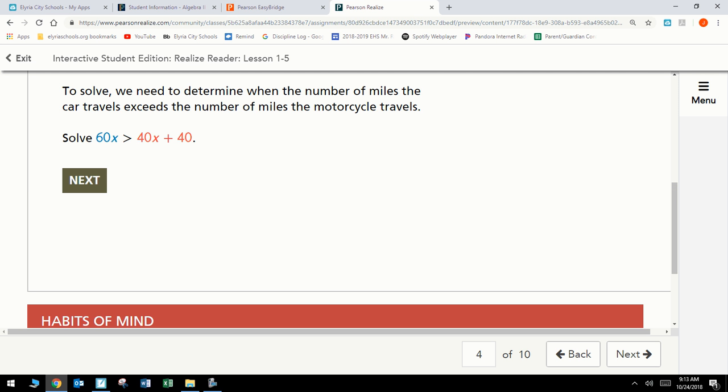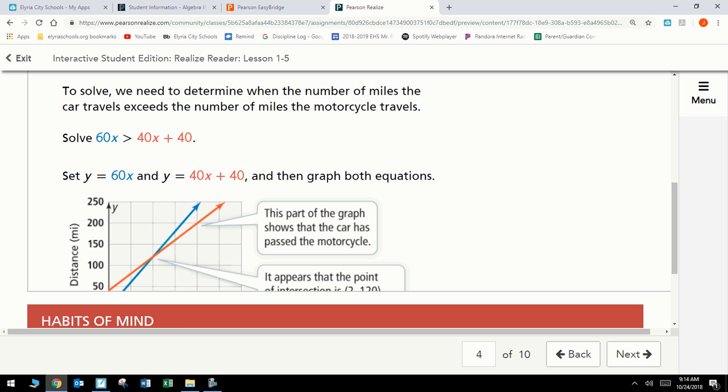The car is traveling 60 miles per hour, and the motorcycle is traveling 40 miles per hour, but it had a 40-mile head start. So I can set up those two equations, and I want to know when the car's distance is greater than the motorcycle's distance. Does it make sense how I set up those two into an inequality? Now I can graph both sides of that inequality.